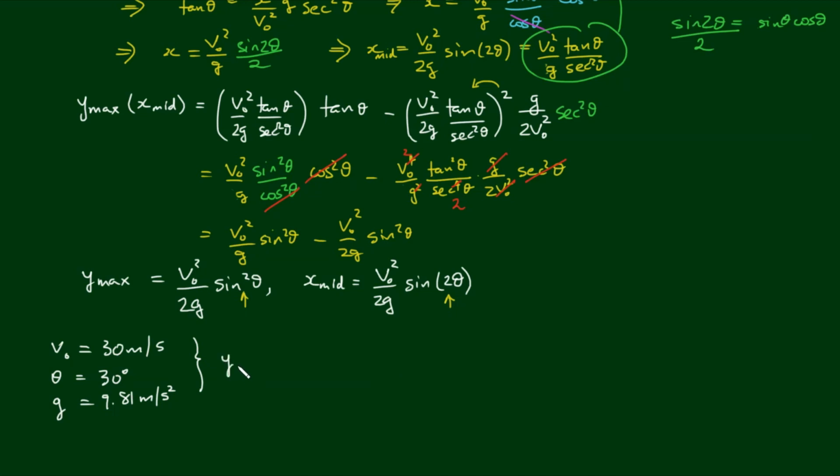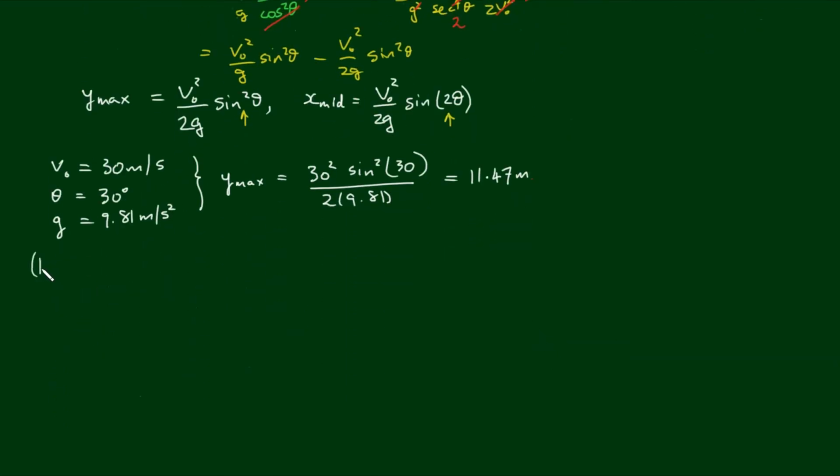The greatest height for this particular projectile is y max equals 30 squared by sine squared of 30 divided by 9.81 times 2, obviously, which equals approximately 11.47 meters. So please check that with a calculator. Excuse me, that should be meters, not millimeters.